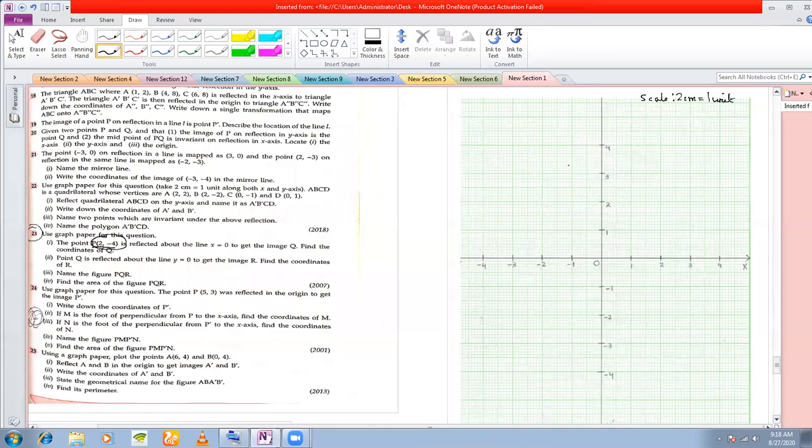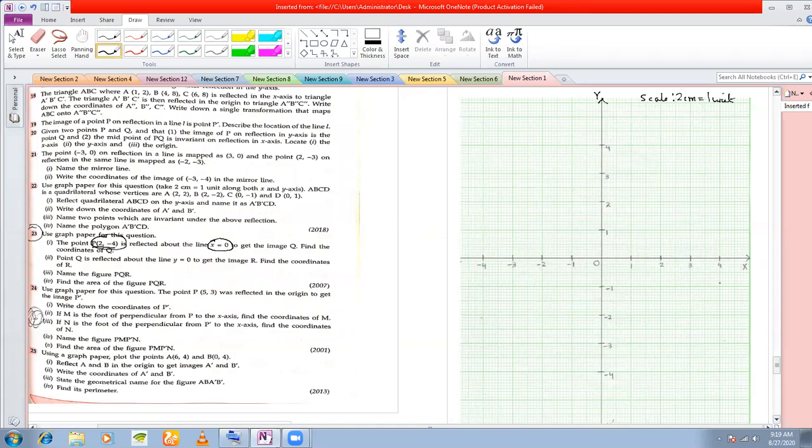The point P(2, -4) is reflected about the line x = 0. What do you mean by this line? x = 0 means the y-axis, exactly.